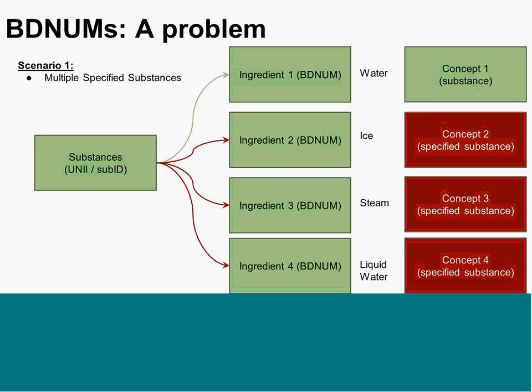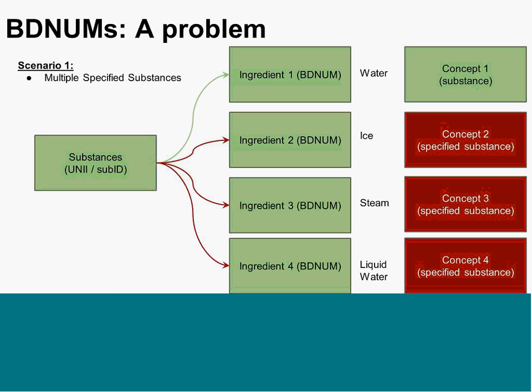So that happens. One has to do with those things that are meant to be specified substances, but since the FDA hadn't implemented specified substances yet, they were linked together, like water, ice, steam, and liquid water, right? So the substance UNII was water, linked to several collections of terms.